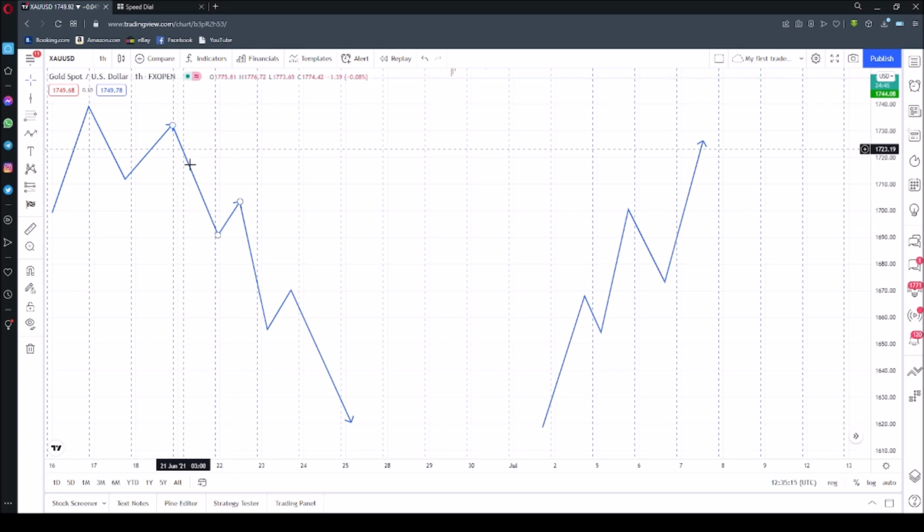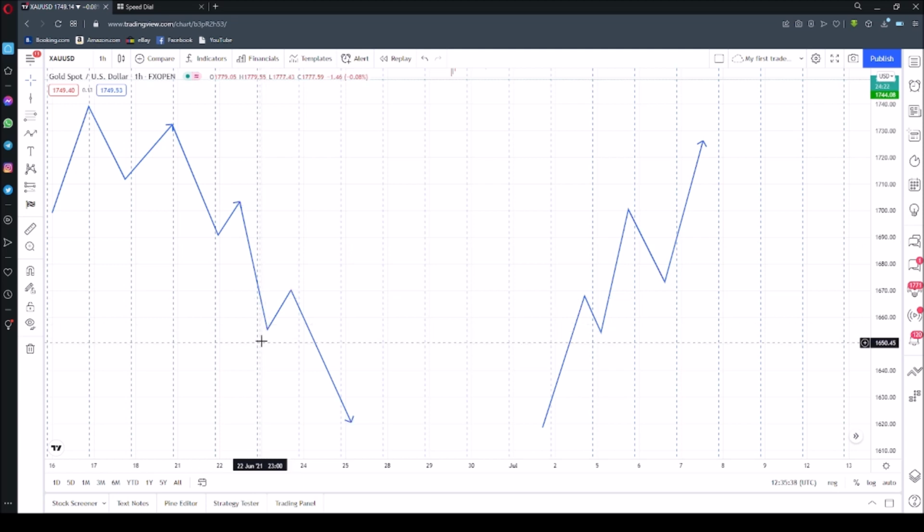So the first thing we have to see is one, break of market structure; two, creation of the new lower low and new lower high; and then three, we need to see a break of this new lower low to create another lower low.